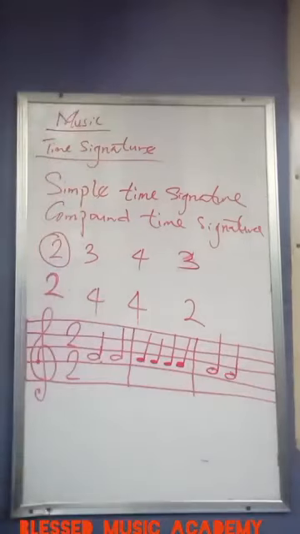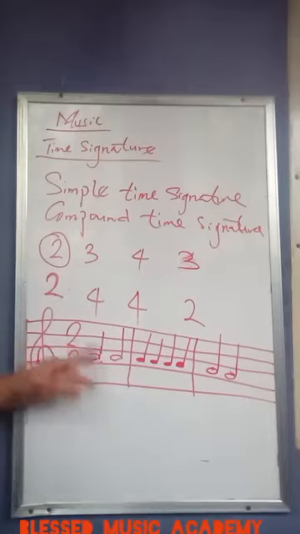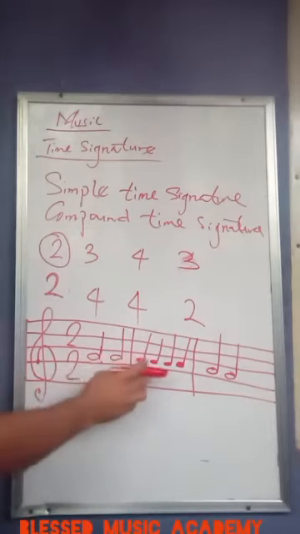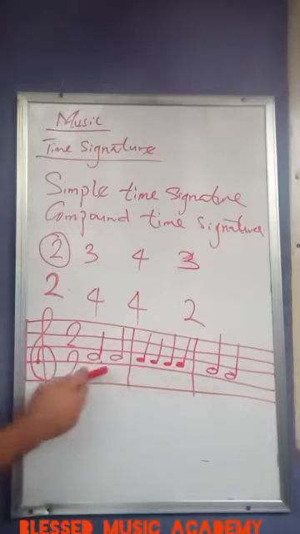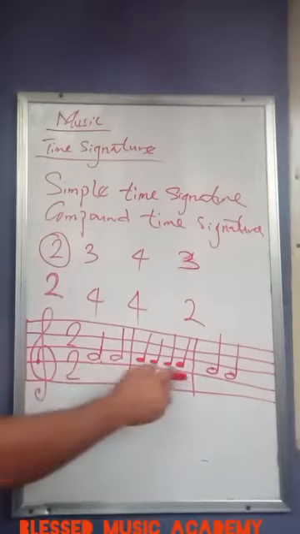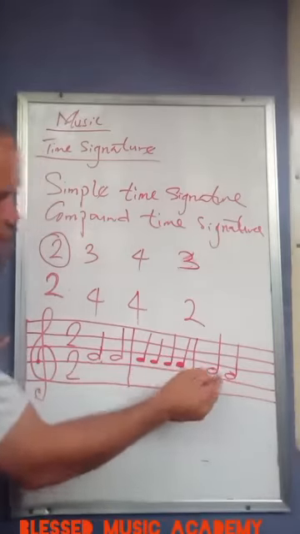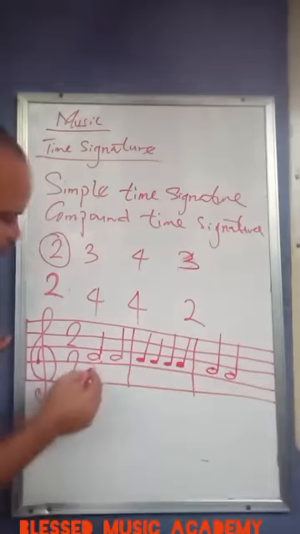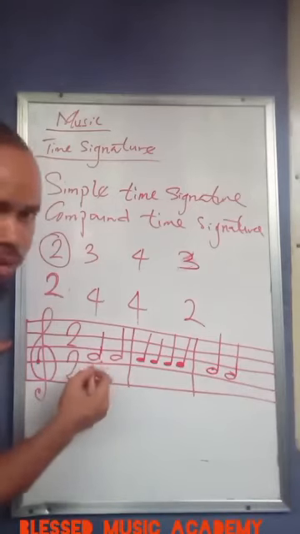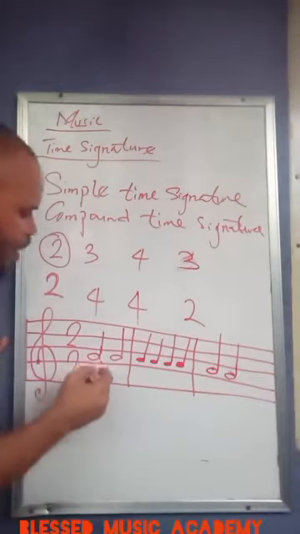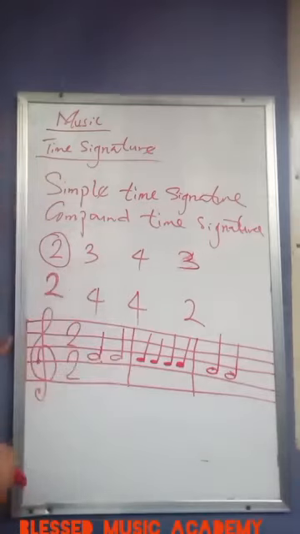That is the interpretation of 2 minim beats in a bar. A bar is the space in between 2 bar lines. This is a bar line, this is a bar line, this is a bar line. This space here is called a bar or a measure. So in each of these measures, there must be 2 minim beats, and that minim becomes 1 beat.